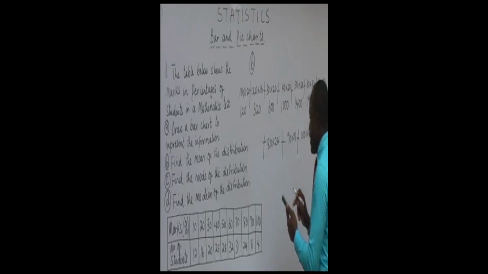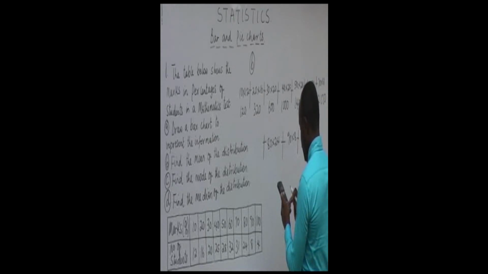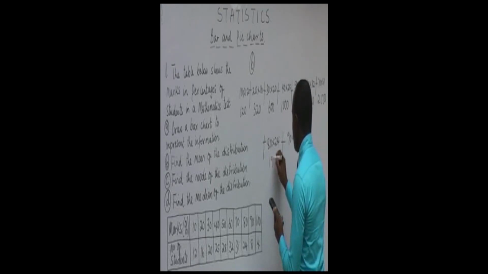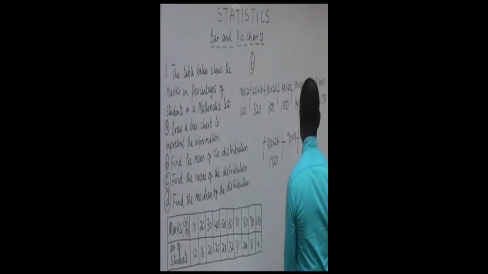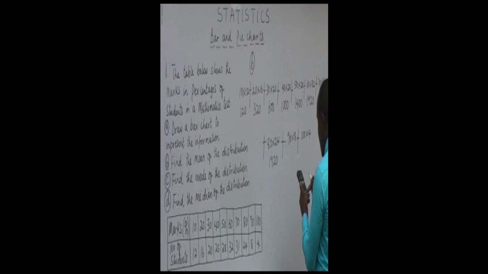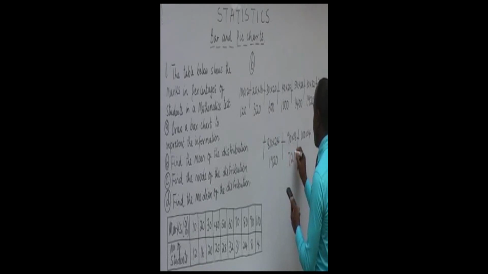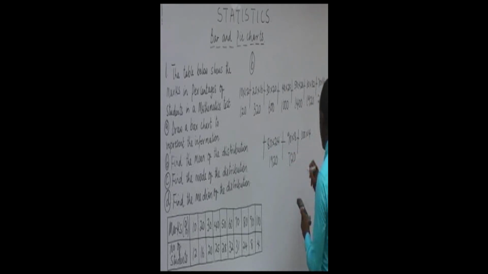The next is 80 times 24, 1,920. The next is 90 times 8, 720. The last but not the least, 100 times 4, which will give us 400.